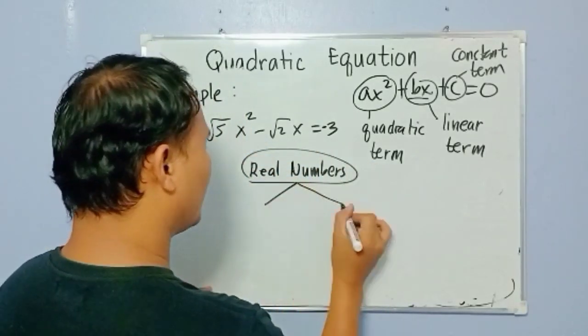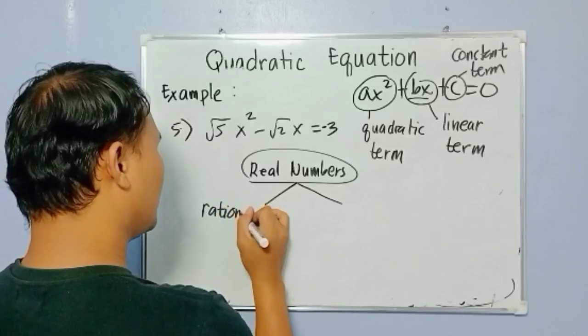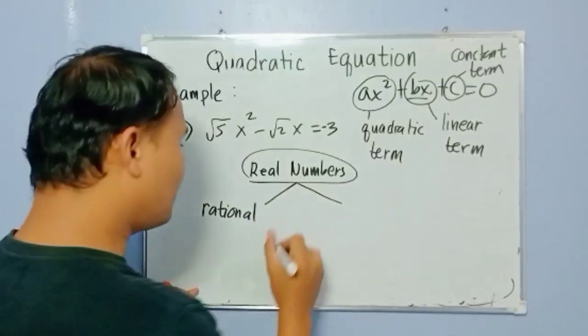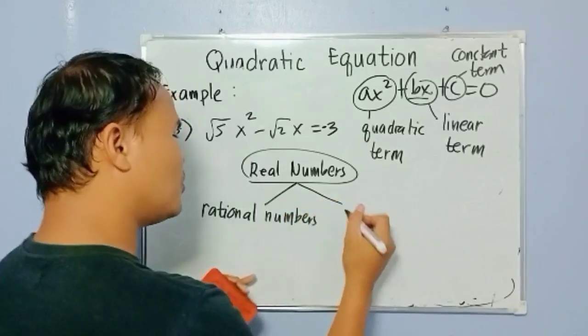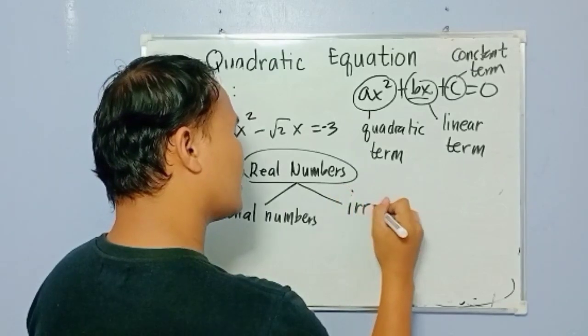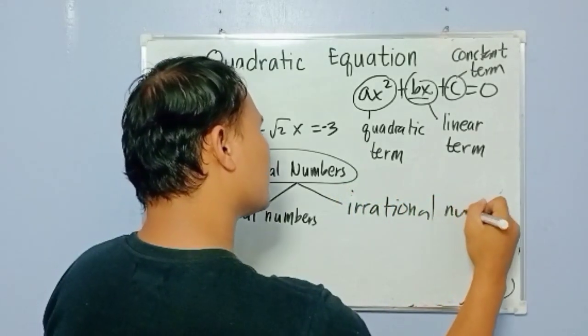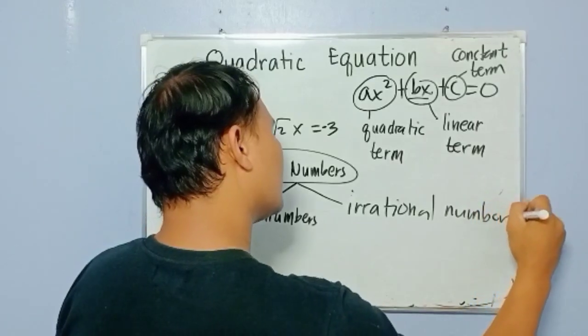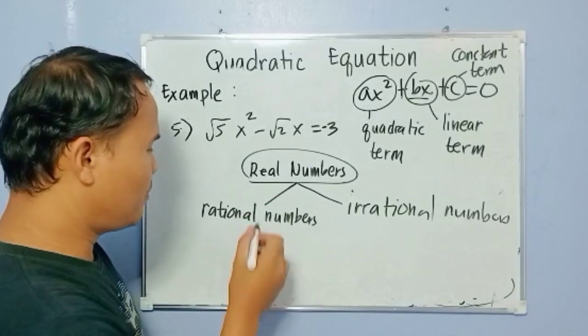These are called rational numbers o gitawag mo siya irrational numbers. Sa unsa mo po ni mga rational numbers?